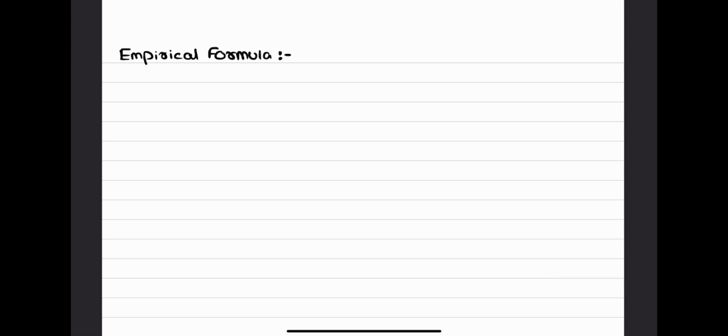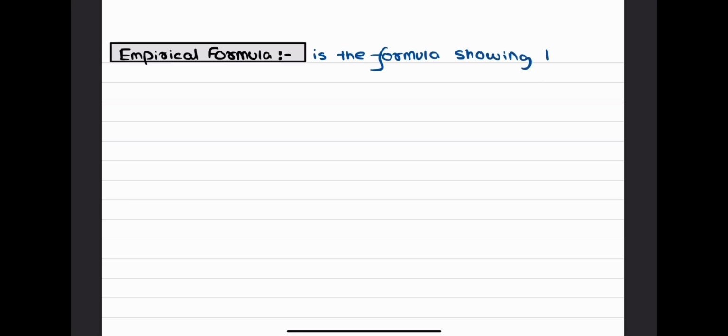Now, what is an empirical formula? It is the formula showing the simplest ratio between the elements.